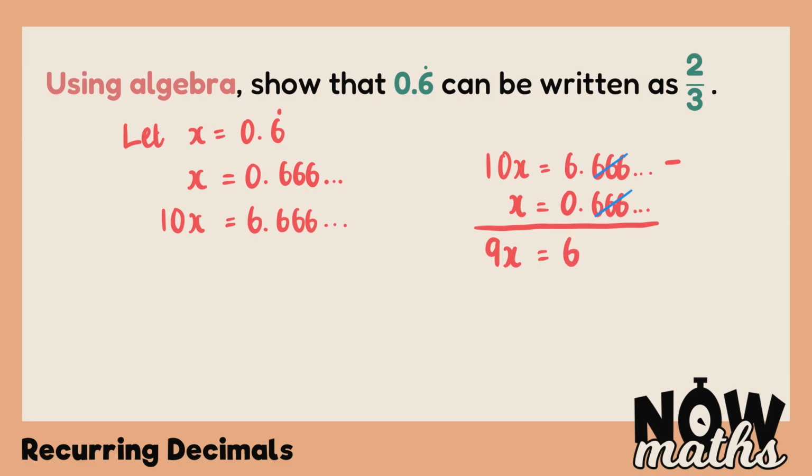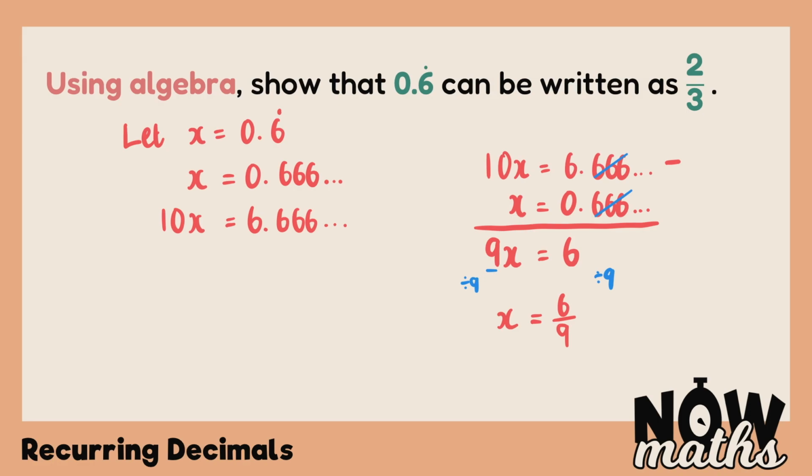Now we're left with 9x equals 6. We're going to solve this to work out what x is, and we solve by dividing by 9. When we do this, we have x on the left, and then we could either calculate 6 divided by 9, or, for the purposes of this, 6 divided by 9 is the same as 6 over 9.